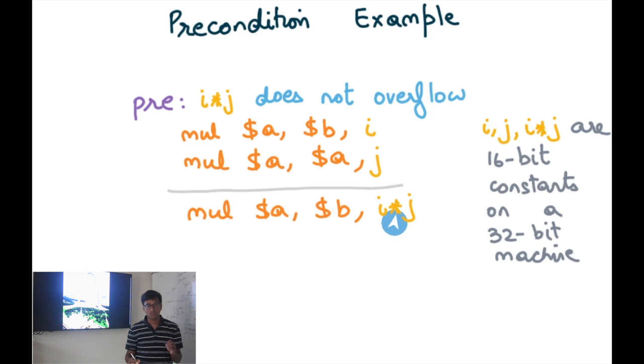this transformation is not correct unless I have a precondition that I star j, the multiplication of the constants I into j, do not overflow. Because if they overflow the 16-bit value, then the value that I have here and the value that I will compute by the sequence of these two instructions will be different.